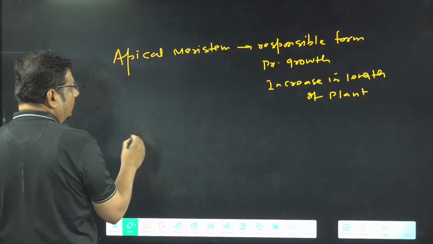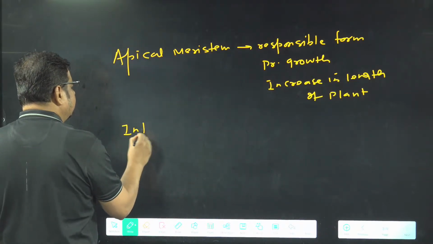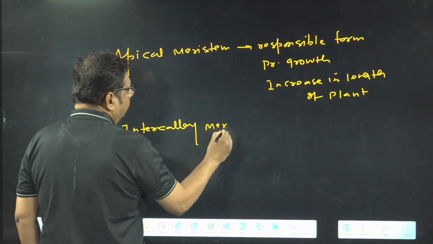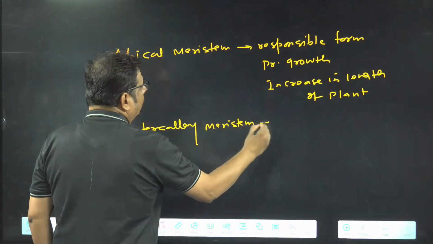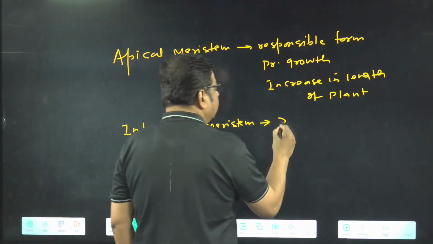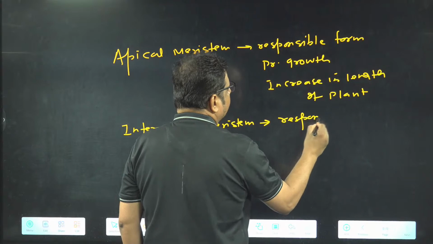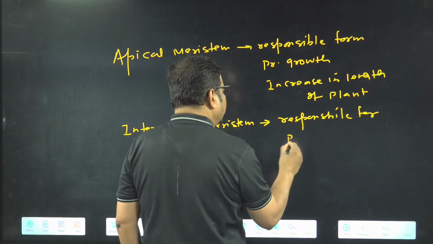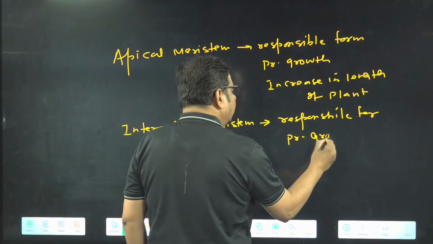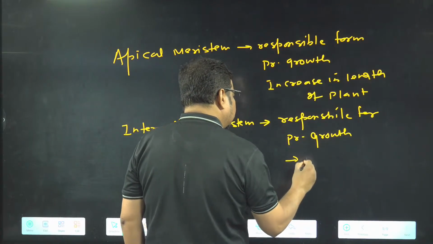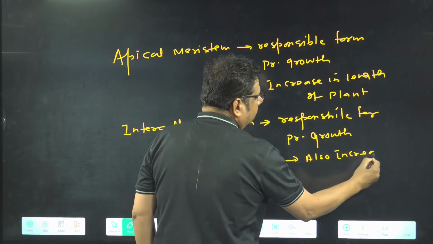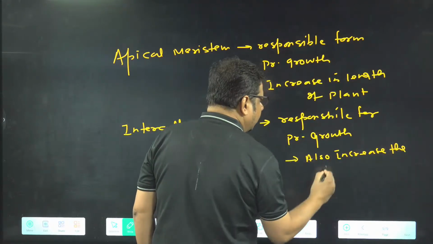Okay, now we are coming to which one? Intercalary meristem. If you talk about this intercalary meristem, it is responsible for primary growth and also increases the length of plant.